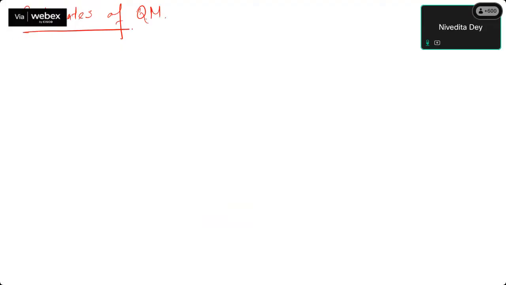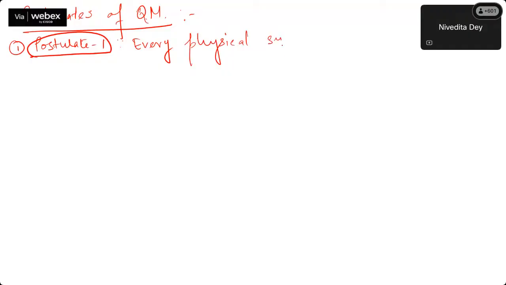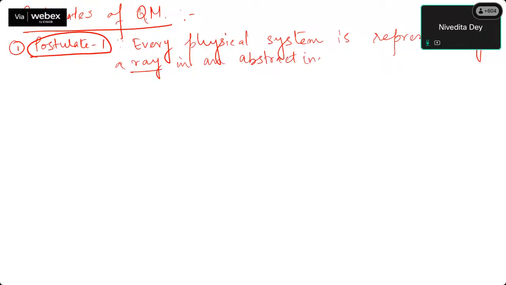Postulate number one: every physical system is represented by a ray in an abstract inner product space. We now know what it is called: Hilbert space.